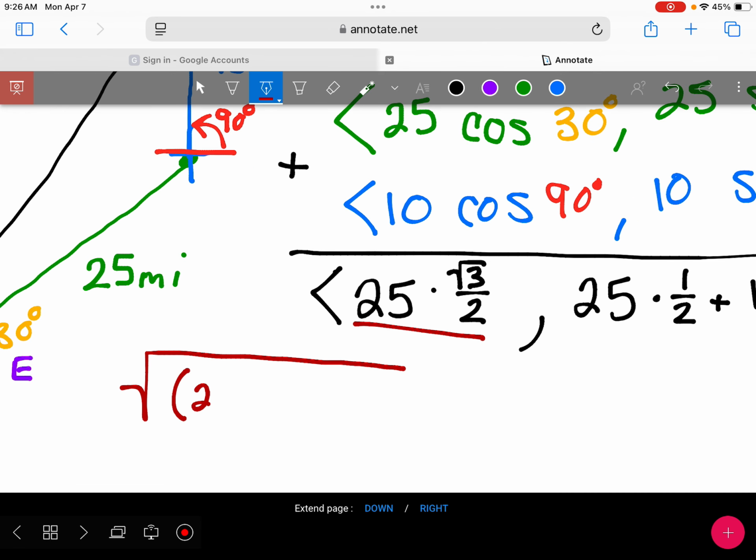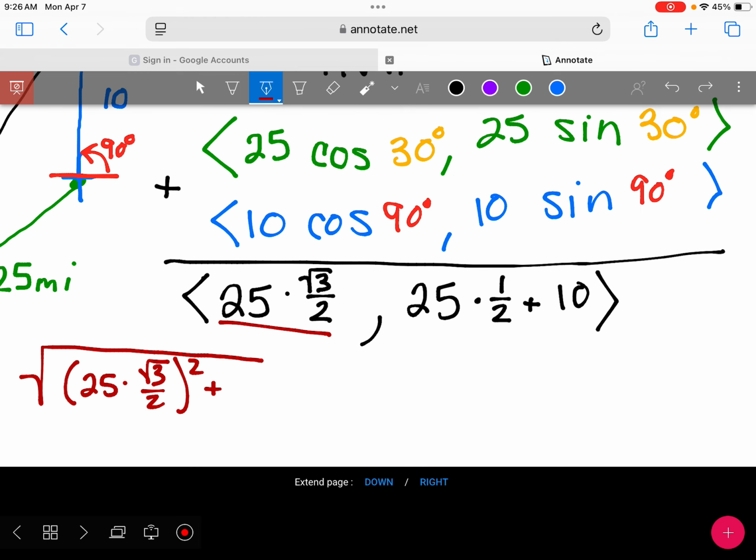We got calculators. 25 times root 3 over 2, or you can do 12.5 times root 3, squared, plus our 25 times 1/2 plus 10, also known as 22.5. If you want to simplify it, that's fine. If you want to put it in as 25 times 1/2 plus 10 squared, that's fine.